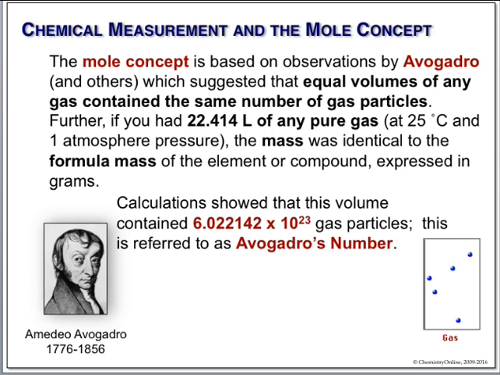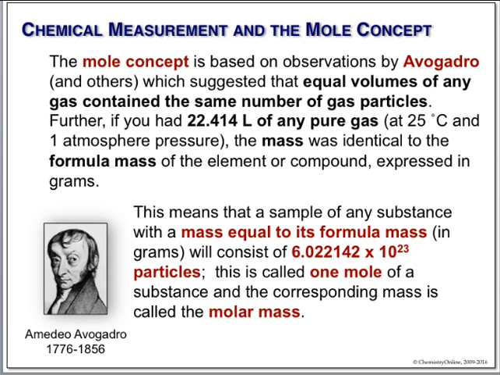It was really surprising. Not only that, but if you took 22.4 liters of any gas, the mass of that gas equaled the formula mass of the element or compound. So this is really, really neat. Again, 22.4 liters of any pure gas contains 6.02 times 10 to the 23rd gas particles.